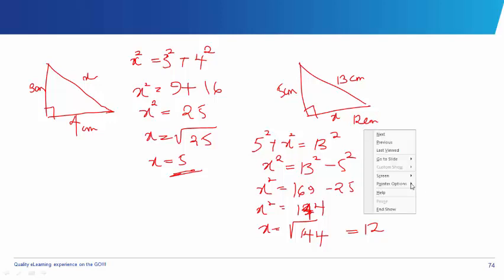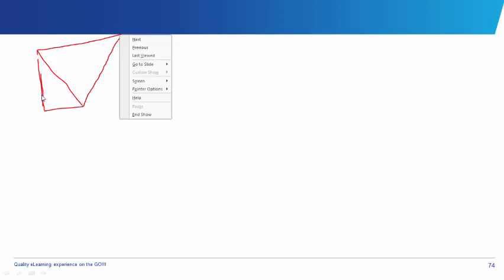Now let's look at other examples of Pythagoras theorem in triangles that are combined. You could have a triangle that looks like this, and then on this other side you have another triangle this way. We're told that this is a right angle triangle, and this other one is also right angled.